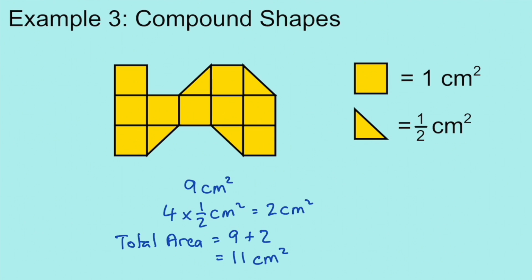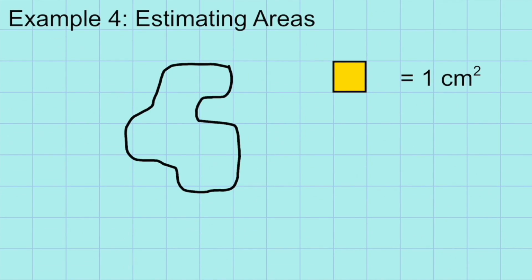And our final example that we're going to look at, now we're going to look at estimating areas. So the way that we do this is, first of all, again, looking at the key on the right hand side, we see that one of these squares that we've got here on this grid is equal to 1 squared centimetre.